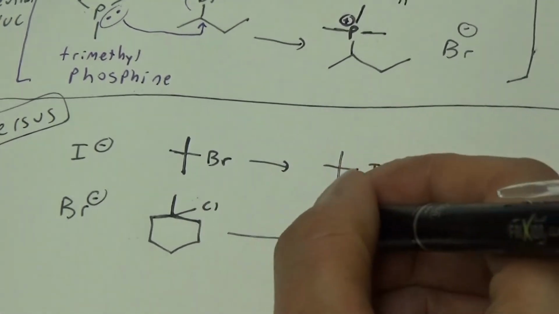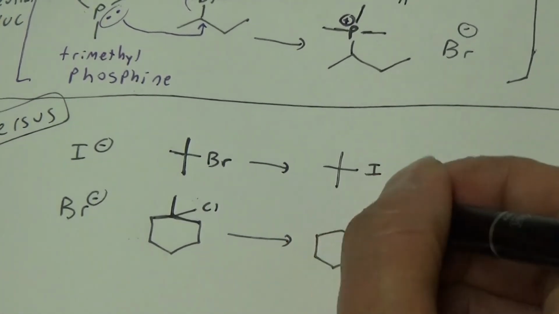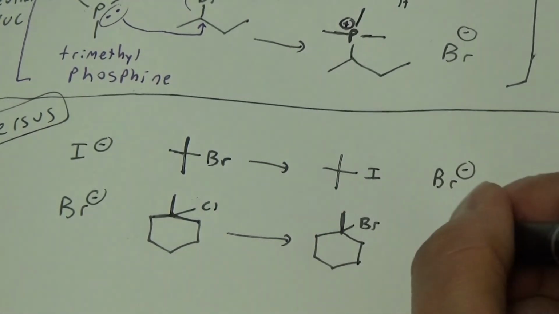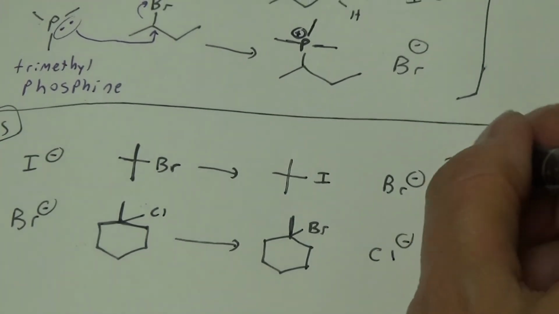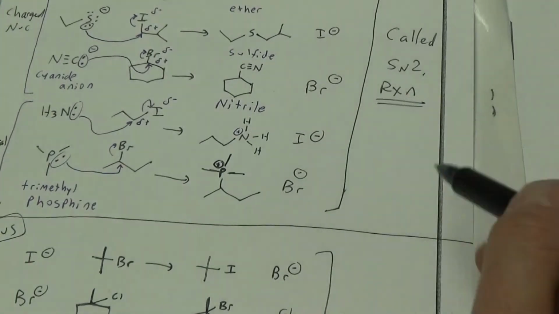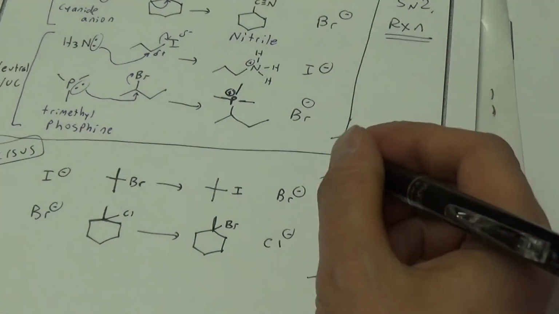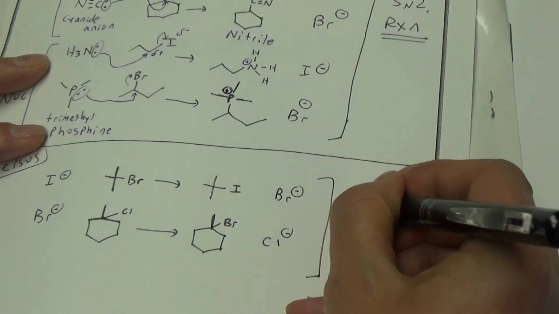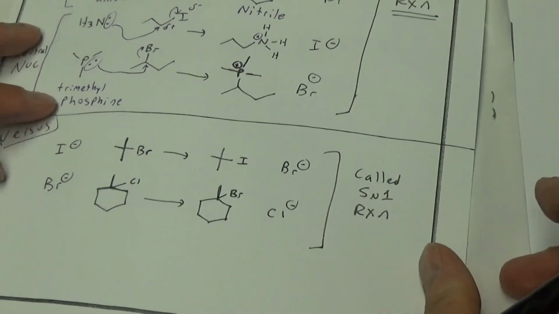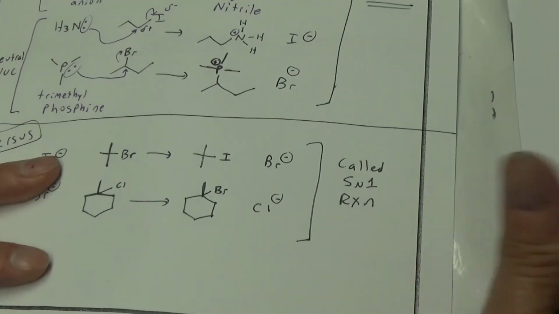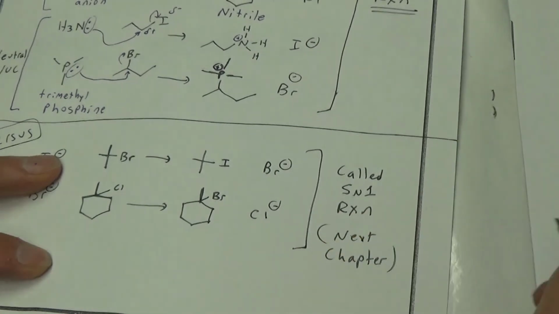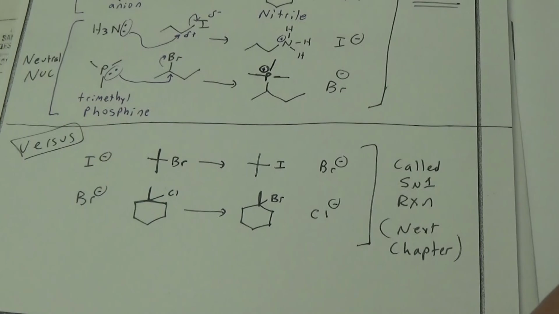It does give the product that you might expect. But these are actually, unlike the ones up top, which are the SN2 reaction, these ones are called the SN1 reaction, which is next chapter. Chapter 7, I think it is. Yeah. Okay.